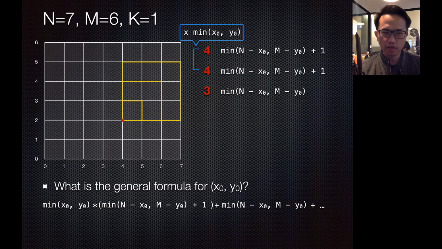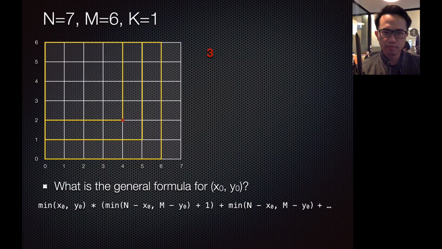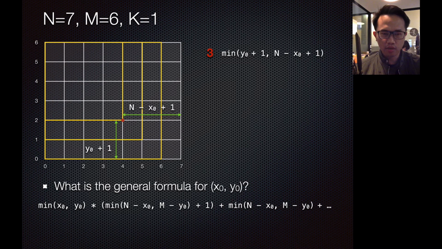Now let's try the other diagonal. You see there are 3 squares you can draw here. And the general formula is also, you consider drawing the horizontal lines and then draw more horizontal lines down below. You can draw y naught plus 1 horizontal lines. And toward the right, if you draw the vertical lines and you move to the right, you can draw n minus x naught plus 1.